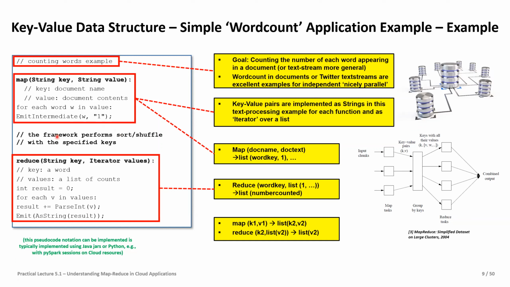And then the beauty is that this framework, based on these keys, does all the different sorting, shuffling, and grouping that we have seen between all the different nodes. So we have a long list per node of these words, which always say word, comma one, word, comma one, word, comma one, etc. All these different words are then distributed.